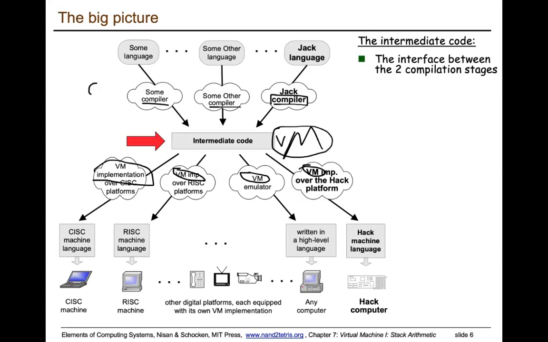Okay, so this is the big picture of the compiler. Actually, the whole thing we call a compiler, but sometimes we get specific: this one is the compiler, and this one is the virtual machine implementation. Okay, any questions?